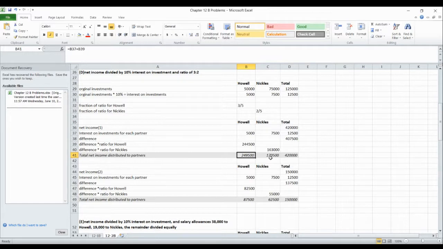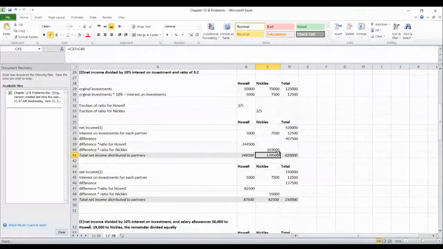Nichols would get what's remaining. Nichols gets 7,500 from his interest on his capital investment, plus the difference split by his ratio of 163,000. So 7,500 plus 163,000 will give you 170,500.